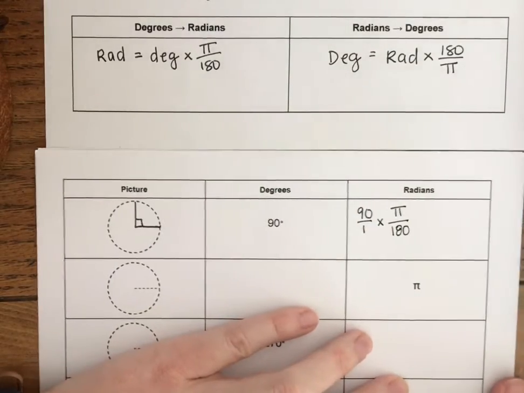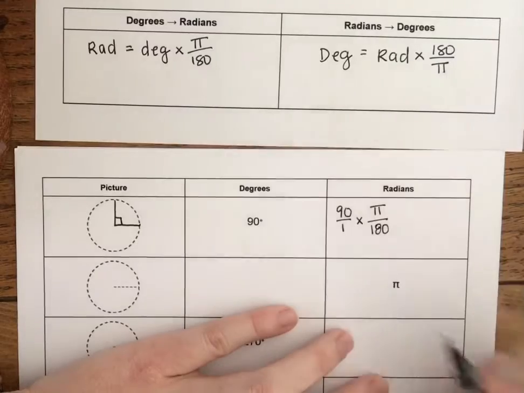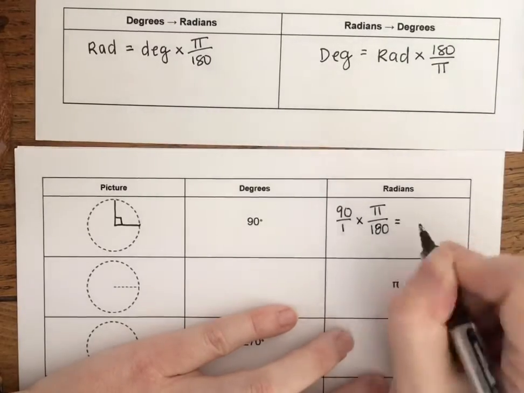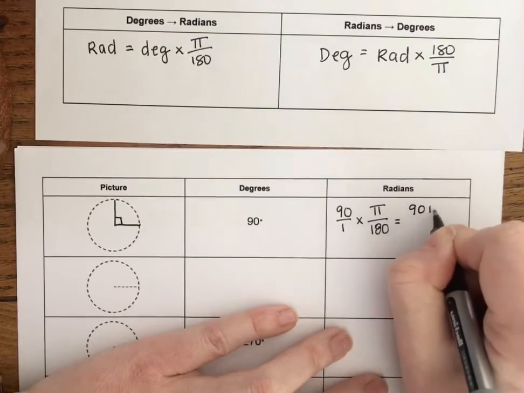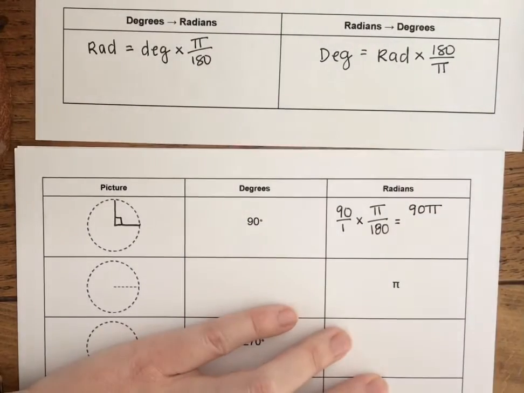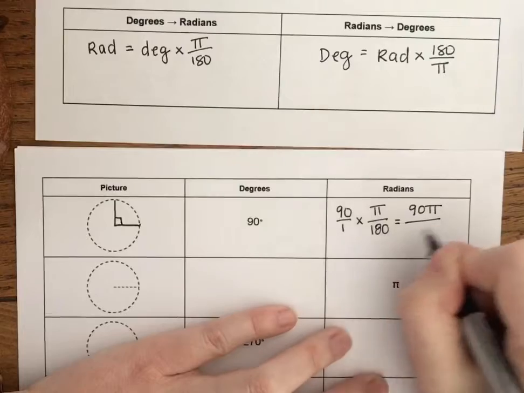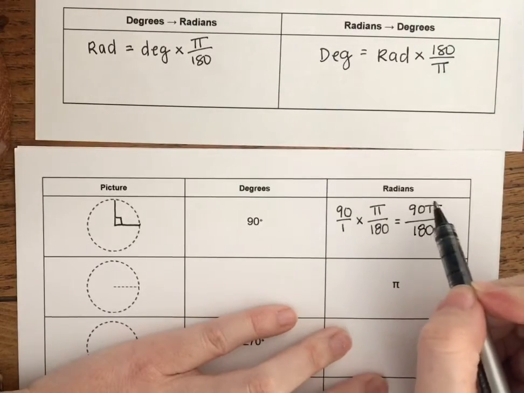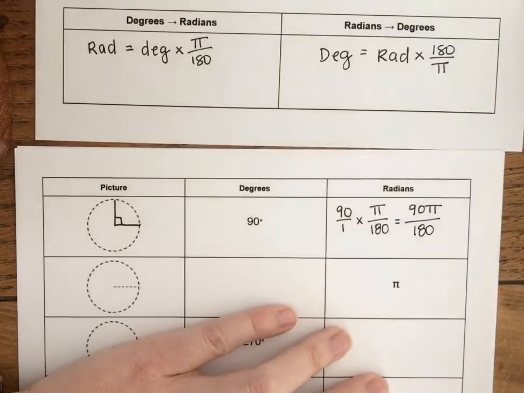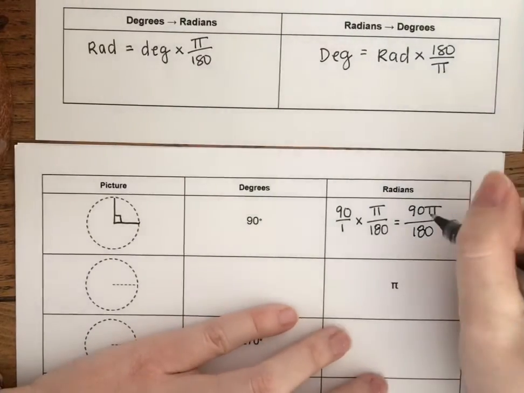Now in order for me to multiply fractions together, I just multiply across the top and multiply across the bottom. So 90 times pi, I'm just going to leave that as 90 pi, over 1 times 180 is going to give me 180. Now, I'm going to leave the pi, basically ignore it for now. It's going to be in my final answer, and that's okay.